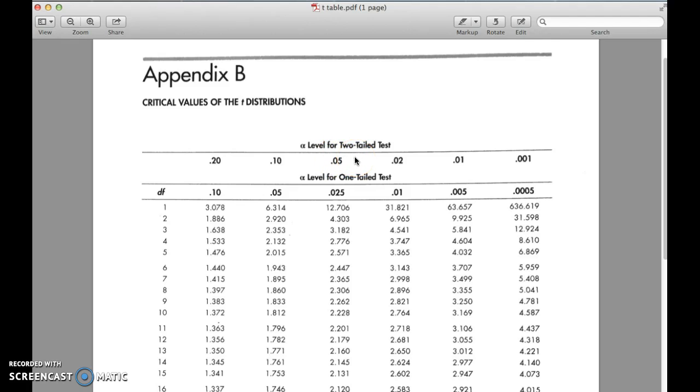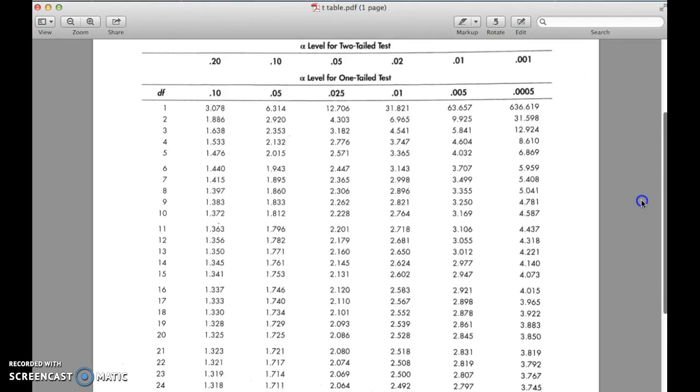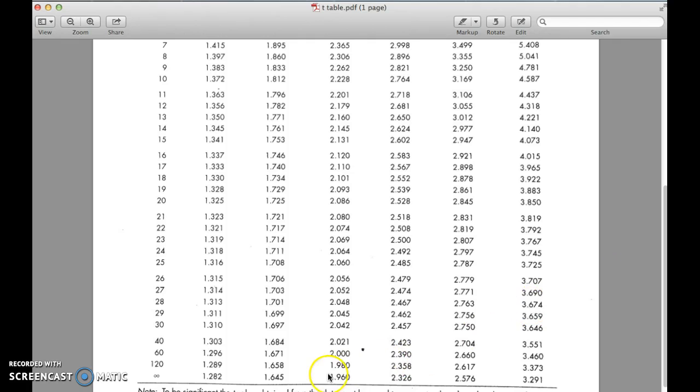in Appendix B, we find that to get the t-critical value for a confidence interval, we only use the two-tailed test, with alpha level at 0.05. Then we'll move down to find the degrees of freedom of 143, which is over 120.